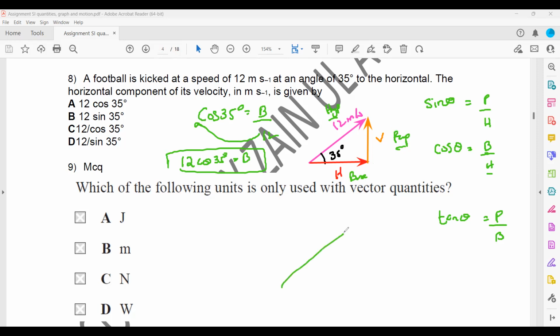Whenever you have a right angle triangle and you know the hypotenuse, remember the horizontal component is written with cosine and the vertical component is written with sine, if you know the angle with the horizontal. If you know the angle with the vertical, then it will be the other way around. So we have the hypotenuse, the horizontal component is the base, so cos theta is base divided by hypotenuse, so base is hypotenuse times cos theta. That's why it will be 12 cos 35.